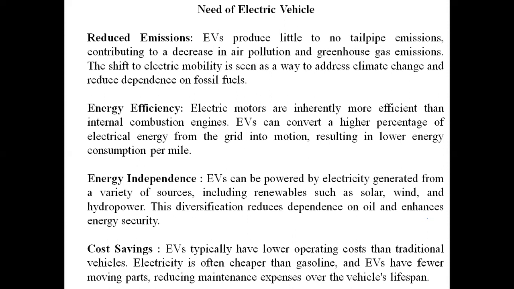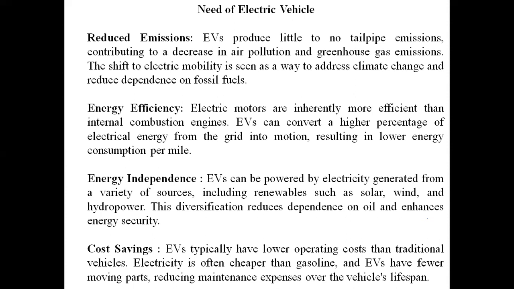The next one is cost saving. Conventional vehicles use either diesel, petrol or CNG gas. If we use an electrical vehicle, we can reduce the running cost as well as the maintenance cost. For conventional vehicles, the per kilometer running cost is 4 to 4.5 rupees for diesel.